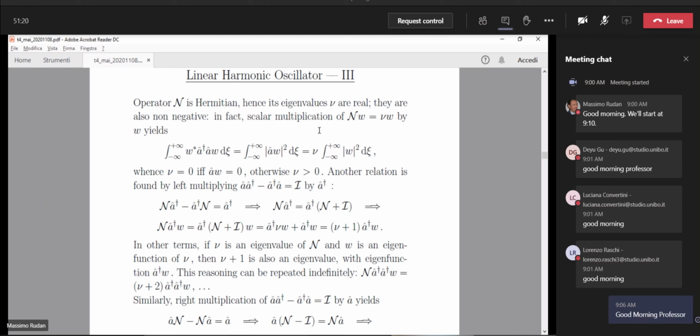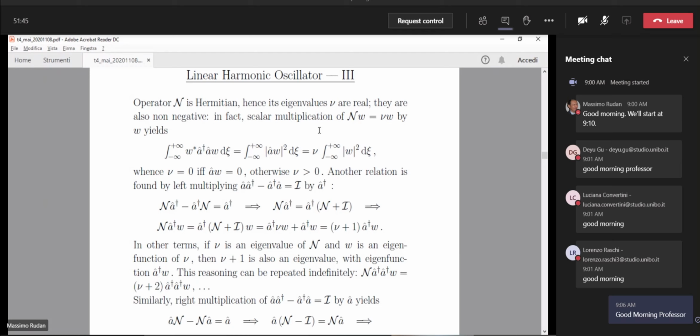Now, the conclusion is that since W is an eigenfunction of the equation, W cannot be identically equal to 0, okay? So the square modulus is strictly positive. The integral is strictly positive, okay?